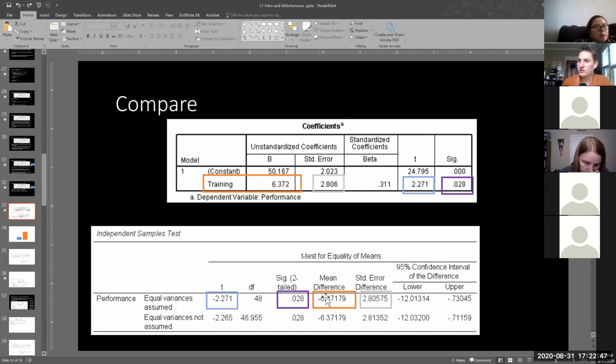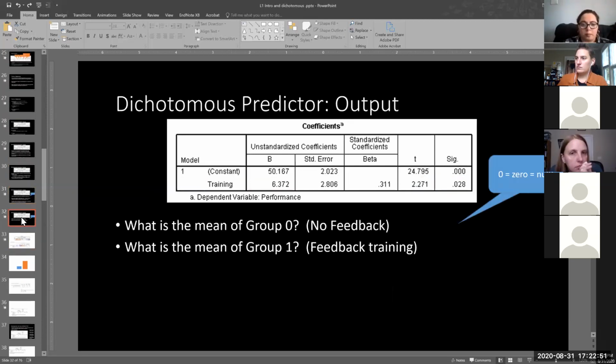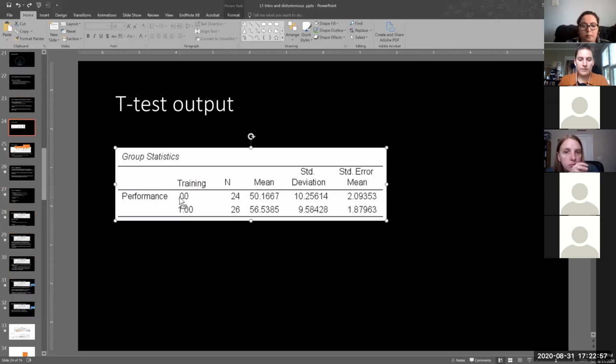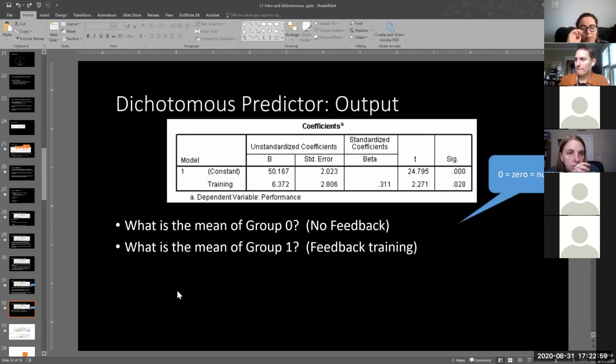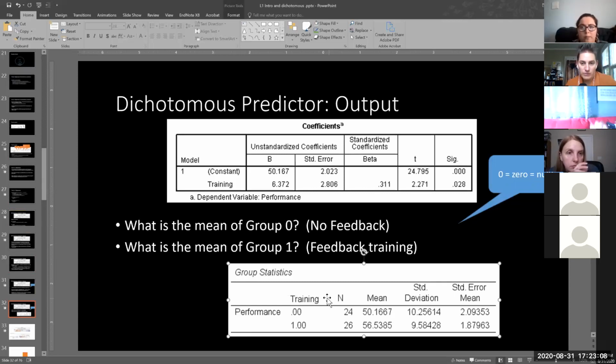Mean difference. I also really liked this. I actually got the means. Here they are. So if this helps, here are the actual raw means that I pulled from averaging them.